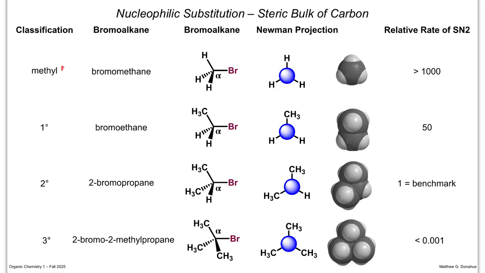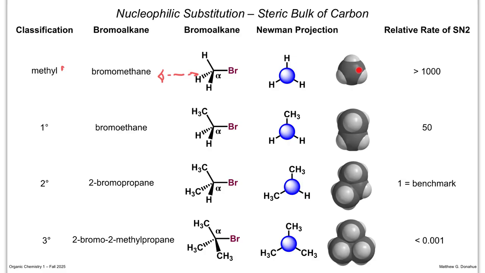The reason that we observe the rate trend: if you put your eye right behind that carbon that's bearing the leaving group, this blue dot is meant to represent the anti-bonding orbital that has to be attacked.